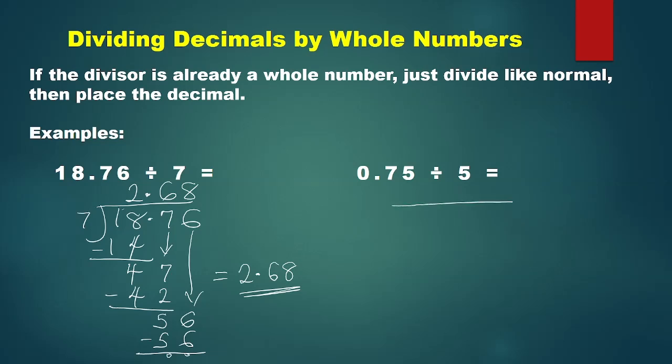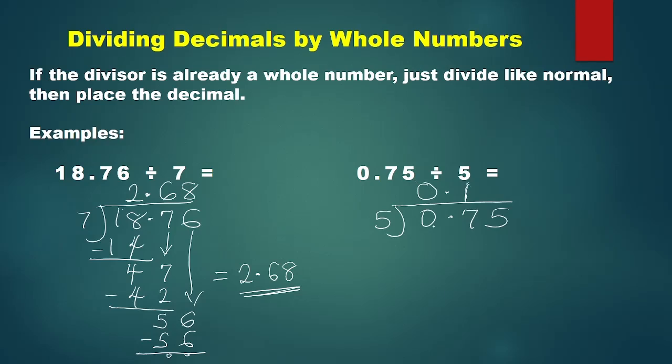I'll draw my division sign, 0.765, and I'm dividing by 5. I can place my point at the top. Now, 0 divided by 5 is not possible. So 0.7 is just 7, and 7 divided by 5 is 1. Now, there's no number before the point, so I can put a placeholder 0 for my whole number.